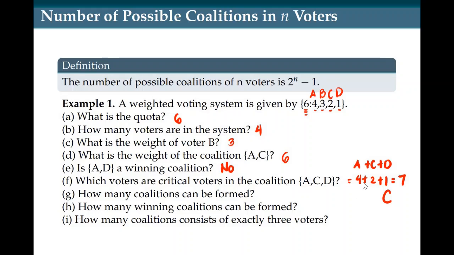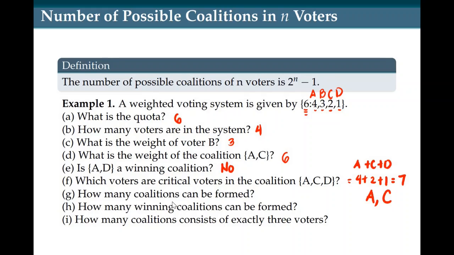Another scenario, what if voter A will leave the coalition? So the sum of the votes will only be 3, and that turns out to be a losing coalition. So voter A and voter C are critical voters.